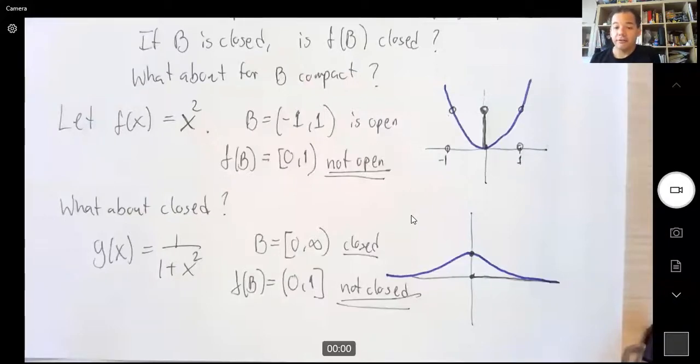The reason this one doesn't work is because it is closed, but it's not bounded. Had it been both closed and bounded, then it would work, right? Then the image would also be closed and bounded. And that's where we're going to pick it up next week. We'll start section 4.4, okay?